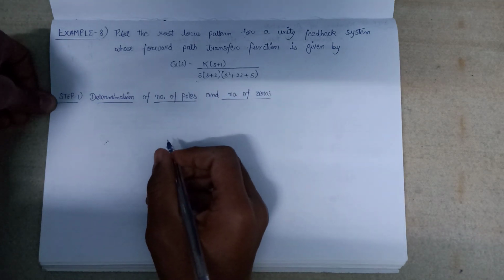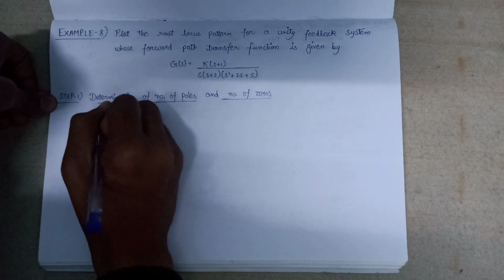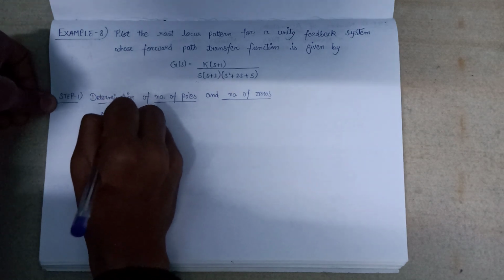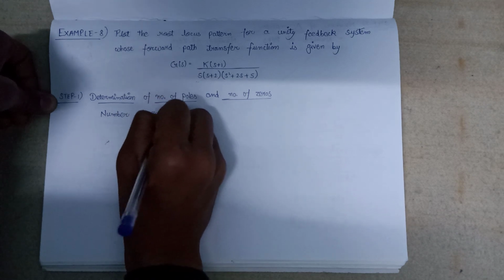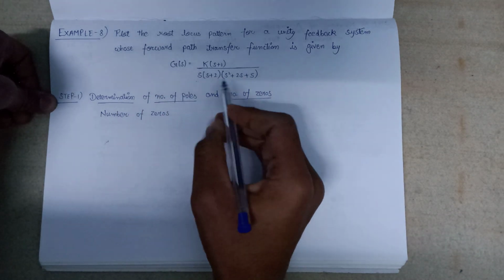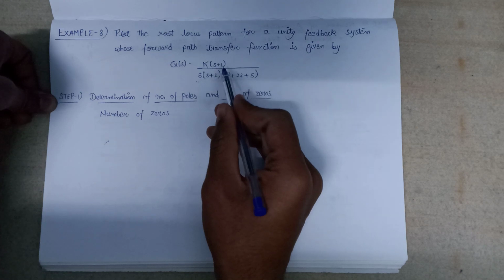So firstly we will calculate the number of zeros. We all know that on equating the numerator part to 0 we will get all our zeros.